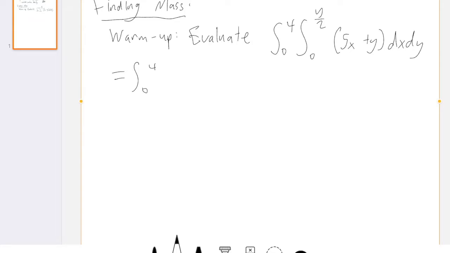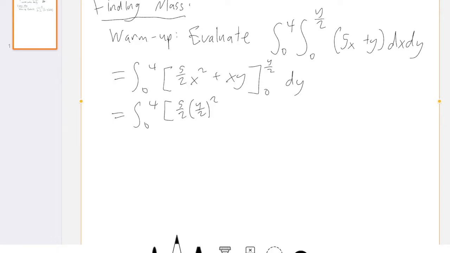So the first step is just integrating the inside, and we get 5/2 x squared plus xy going from 0 to y over 2. Then we just plug in the bounds, so we get 5/2 times y over 2 squared plus y over 2 times y, and then the 0 term just is 0.